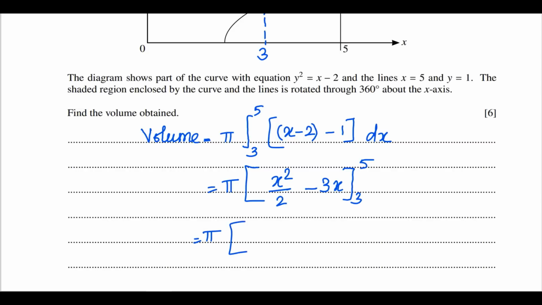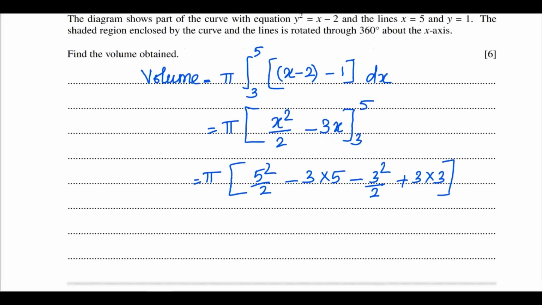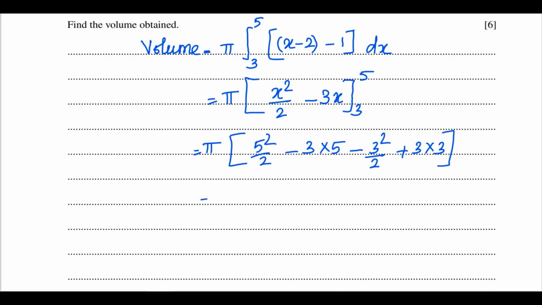So pi times 5 square divided by 2 minus 3 multiplied by 5, minus 3 square over 2 plus 3 multiplied by 3. On simplification, this gives pi multiplied by 2, which can be written as 2 pi.